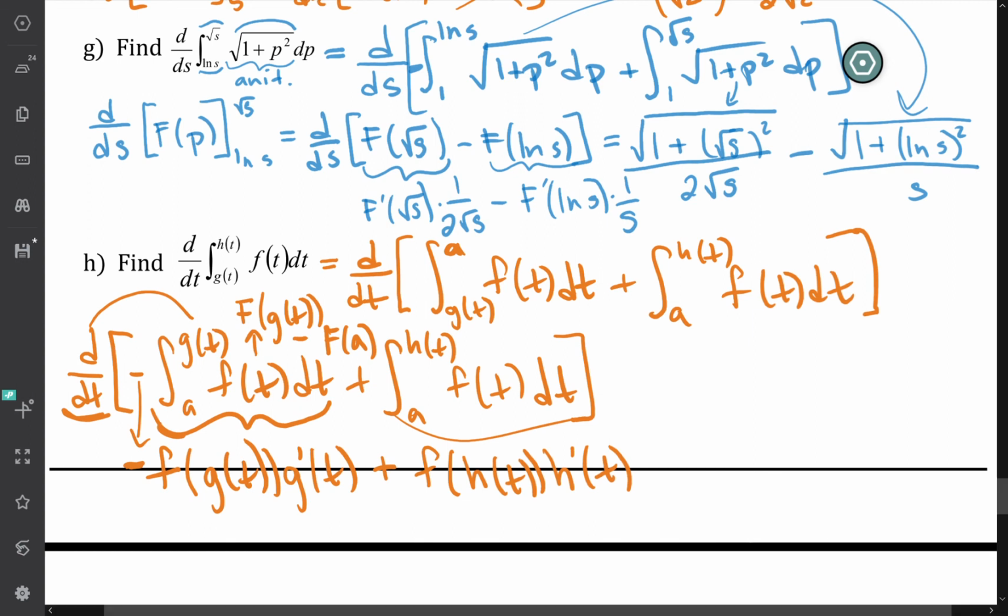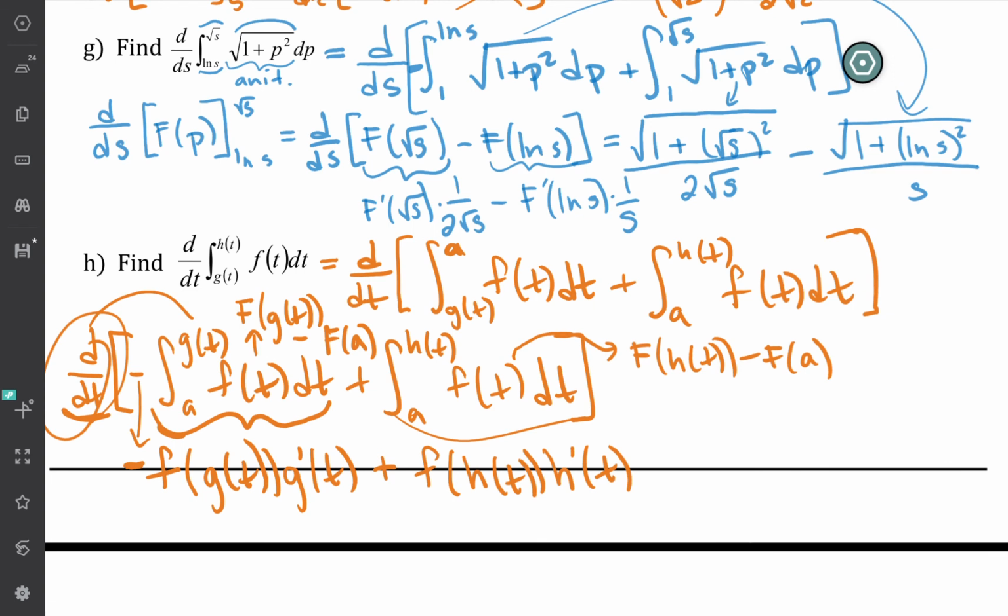Again, if you want to see a little bit more step-by-step here, I would first find the big F formula, and then I would plug in h of t, and I would plug in a, and I would subtract, and then we're taking the derivative of that, so again, this d dt way out in front applies, and that's why we're getting little f of h times h prime. The derivative of big F of a is just going to be 0.